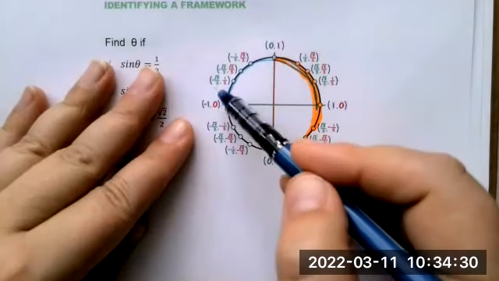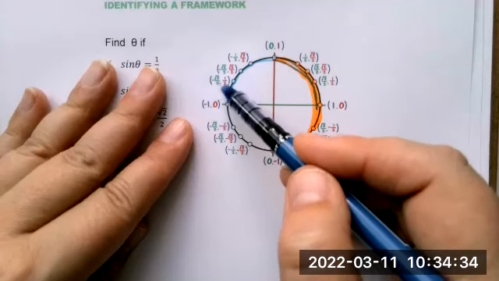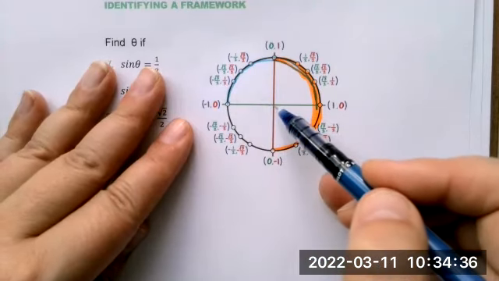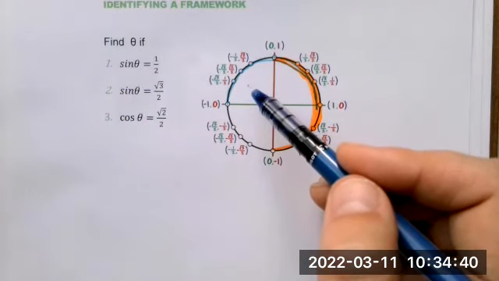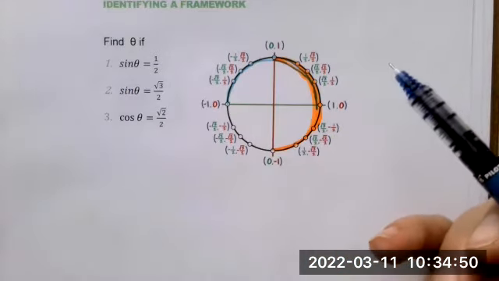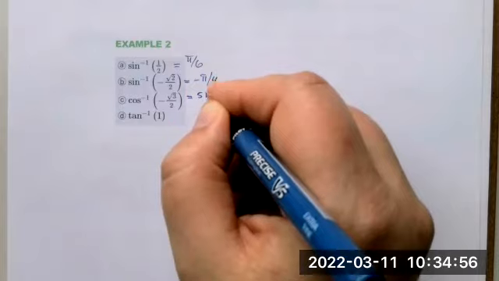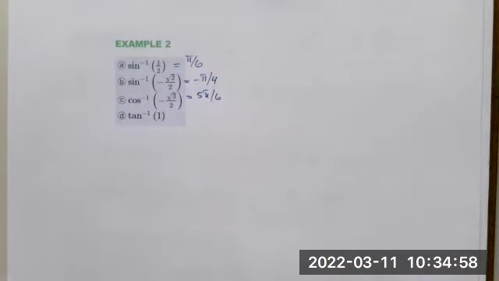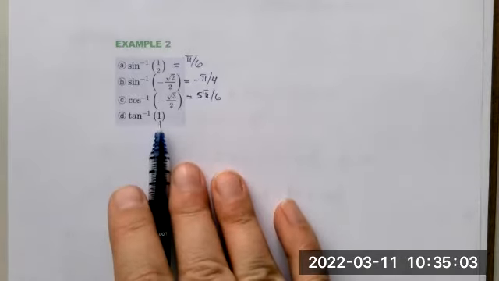So looking at the x-coordinates right here, we have negative root of 3 over 2, and it looks like it's an angle of 5 pi over 6. So 5 pi over 6.